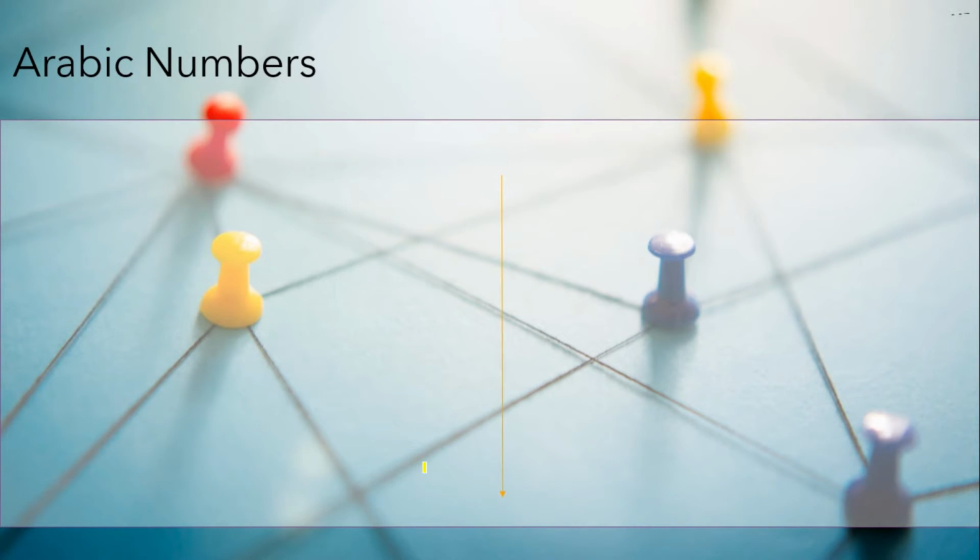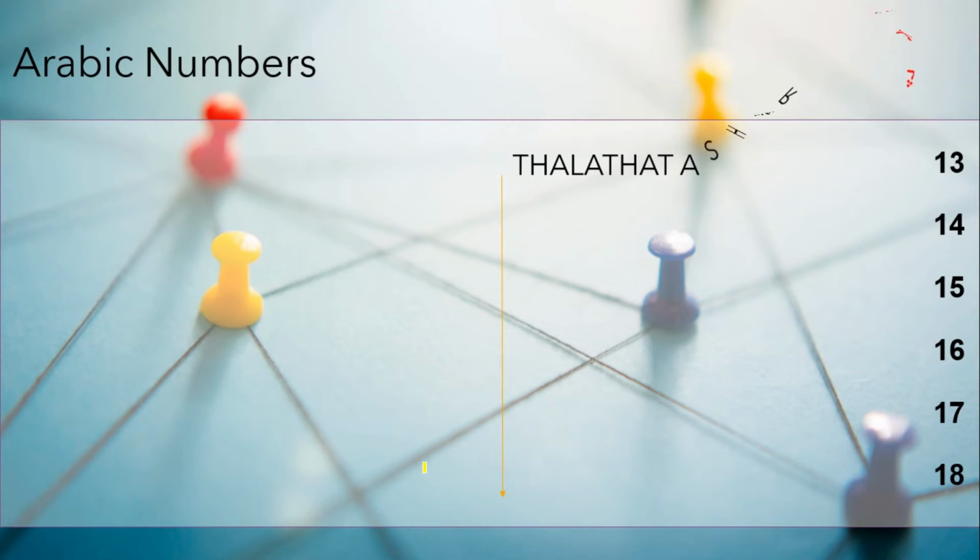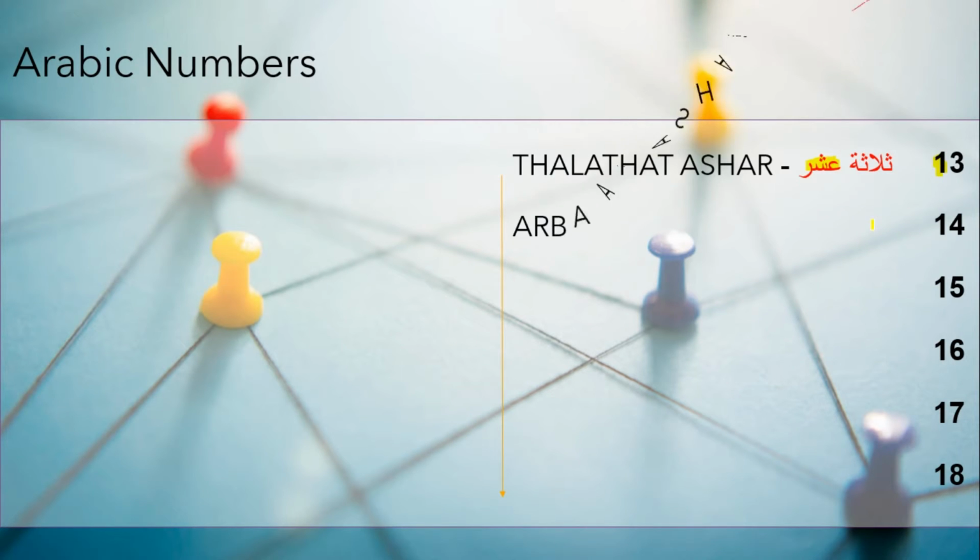Then 13, 14, 15. So here 13, which is ثلاثة عشر. أربعة عشر. Can you see how much stress I make on the letter عين?